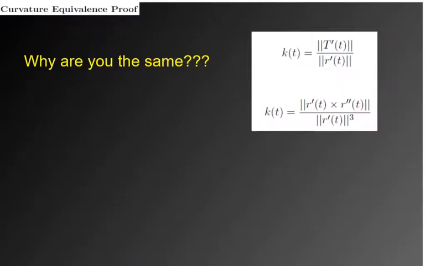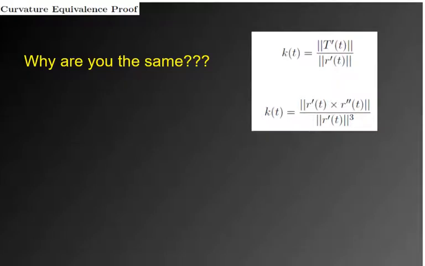All right. The last thing I want to talk about is kind of a big one, and it is why these two things are the same. They look very different, but these two K of T's are the same, and so these should be the same.